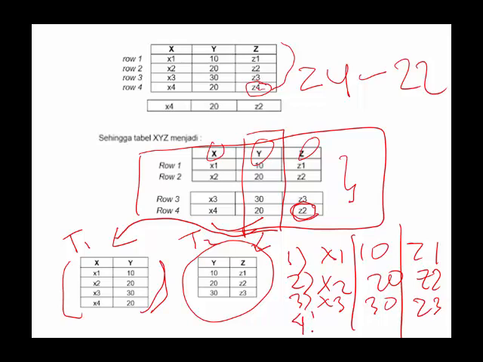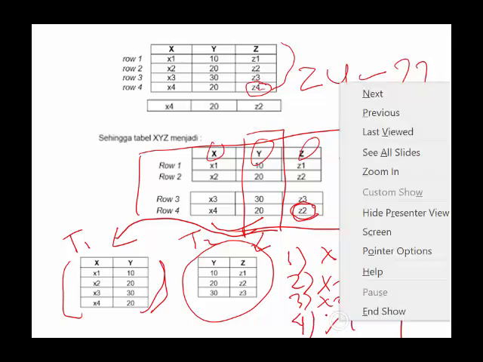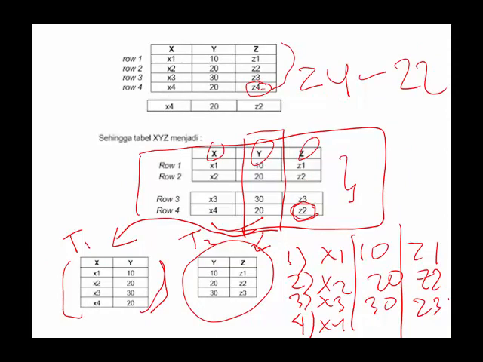In the fourth row we have x4 20 and z2. The combined result gives the same result as the original table. So we can decompose this table into two tables.